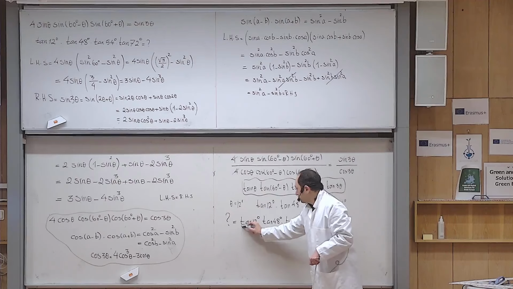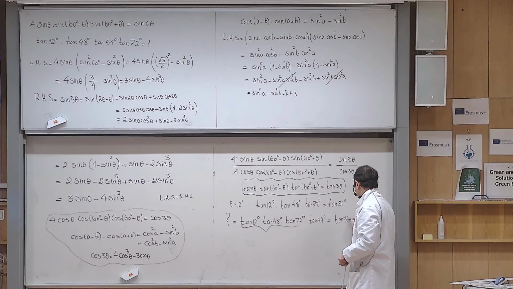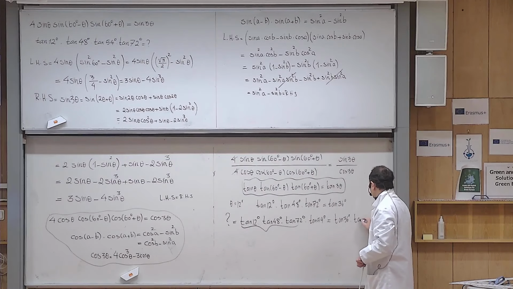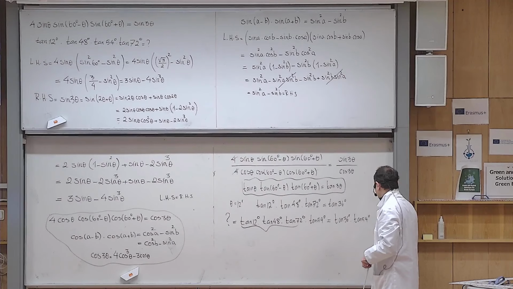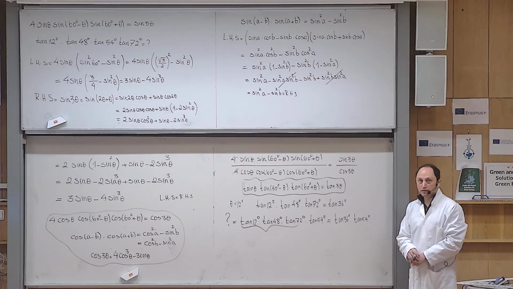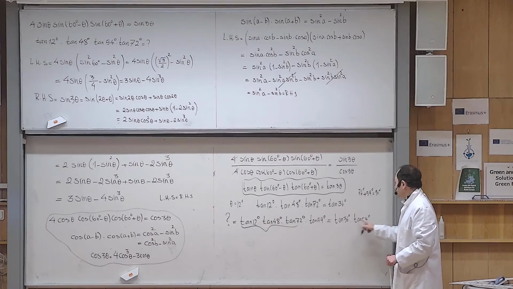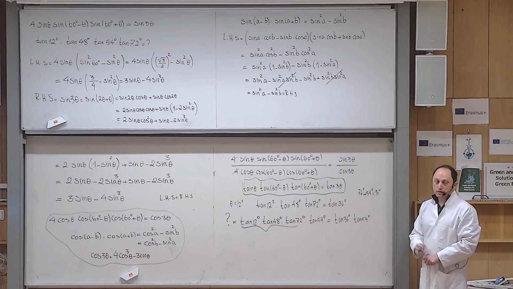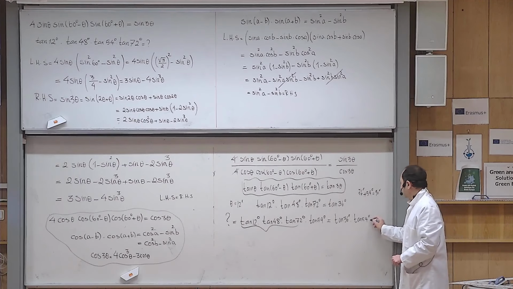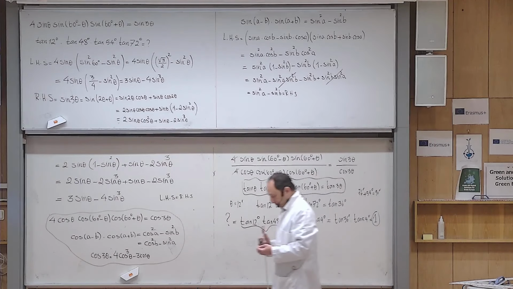But for these 3, I can write tangent 36 degrees and then multiply it by tangent 54 degrees. But this is very simple to calculate, even though these angles are not famous angles, but we know that 36 degrees plus 54 degrees is 90 degrees. In other words, these angles are complementary. If the angles are complementary, the product of tangents is always equal to 1. And that is exactly what we wanted to show with this problem.